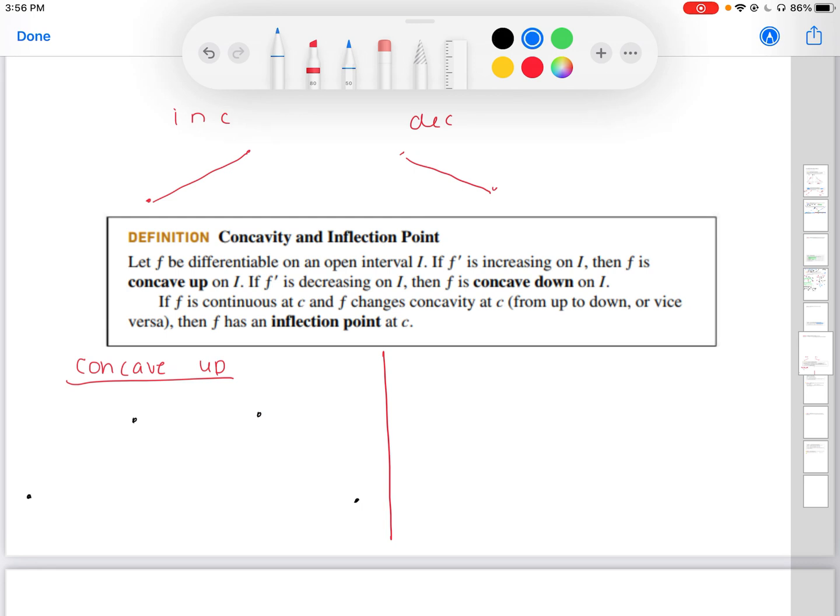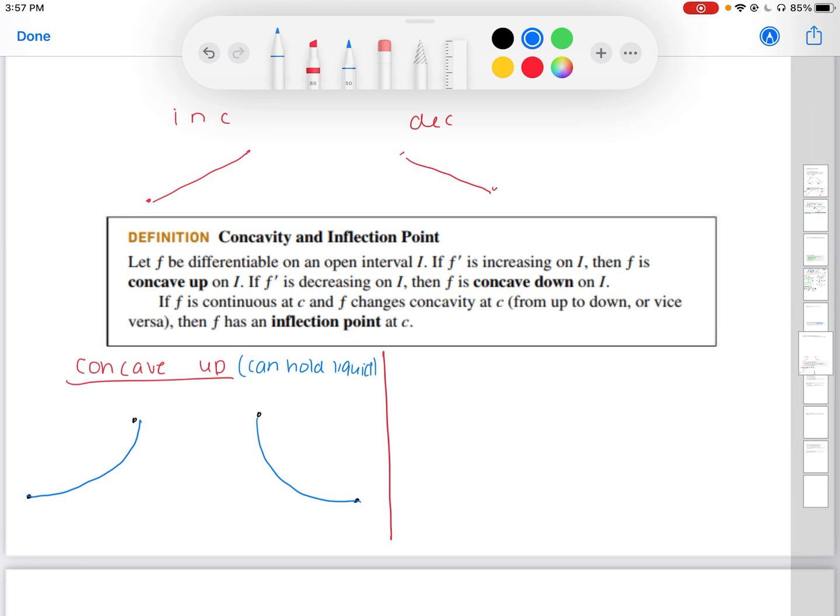Concave up, I would think of this as it can hold water. Though this is something to do with the meaning, I always think of it like a spoon. It can hold up water. So concave up, when it's increasing, would look like this. Concave up, when it's decreasing, would look like this.